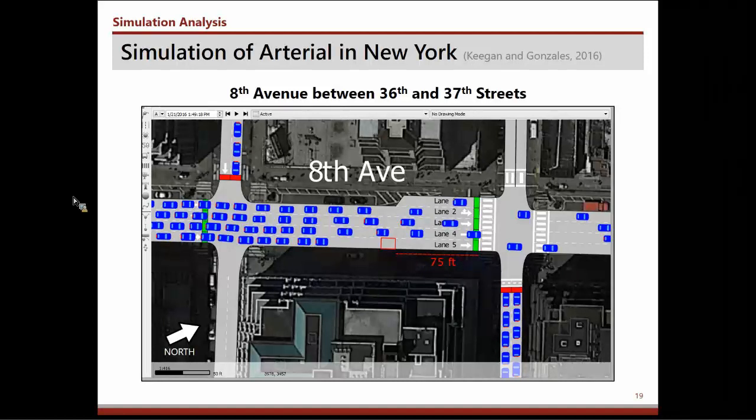And so what we did was, rather than try to represent the individual pedestrian movements, we looked at adjusting the turning volumes, the capacity for turning, to reflect the presence of pedestrians. So we could watch in a video how many vehicles were typically able to make a right or left turn during a signal cycle. And those were impacted by the number of pedestrians that were crossing the street.